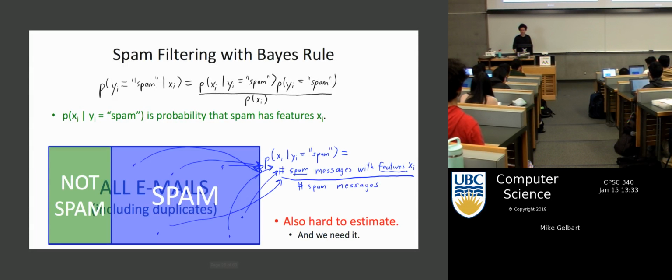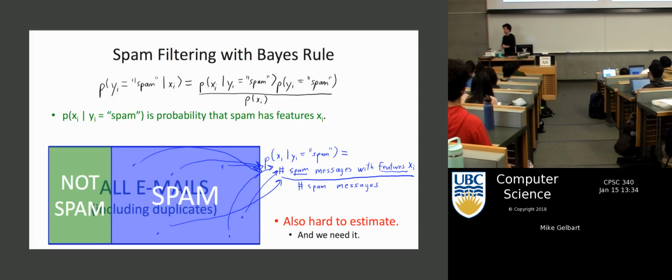Okay, so finally we have the conditional probability term P of xi given whether the email is spam or not. And this is also hard to estimate. Things involving xi are hard to estimate. But we need it. This is the key thing that we need.